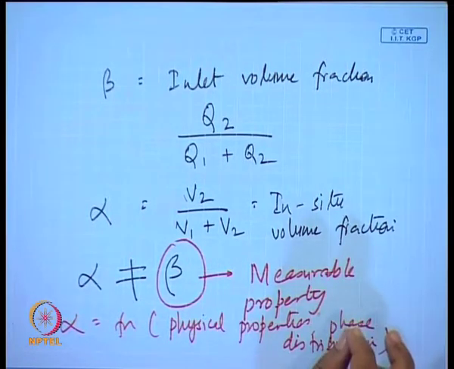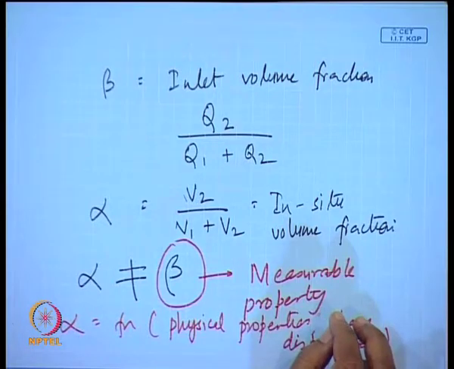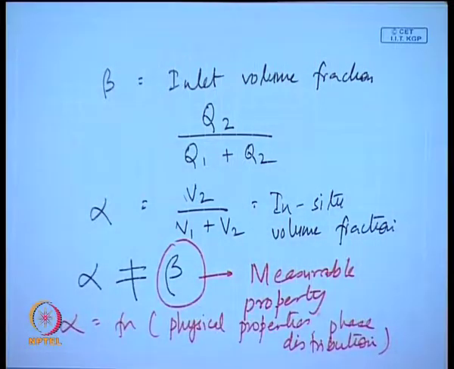Apart from this, there is one more quantity which I would very much like to mention. This is particularly applicable for boiling and condensation, that is the mass fraction of the total flow which comprises of the vapor phase or the liquid phase.